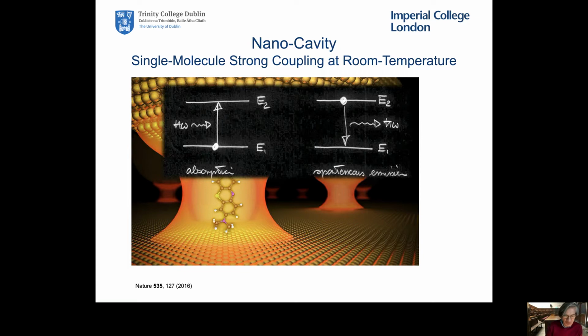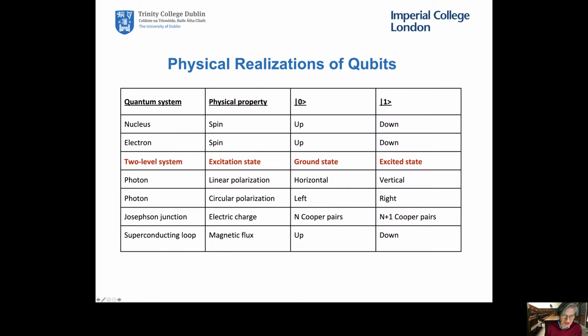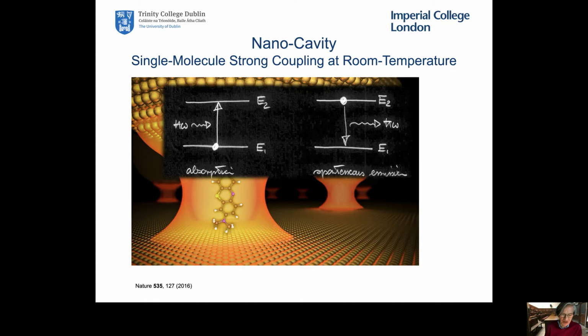So you have an absorption process where light is absorbed, and the molecule here in its state is elevated from a lower state to a higher state, but that state can also emit light in a spontaneous emission way.